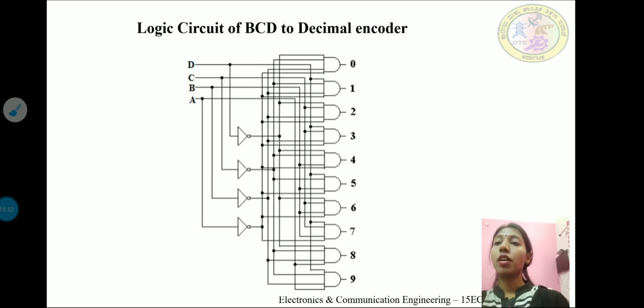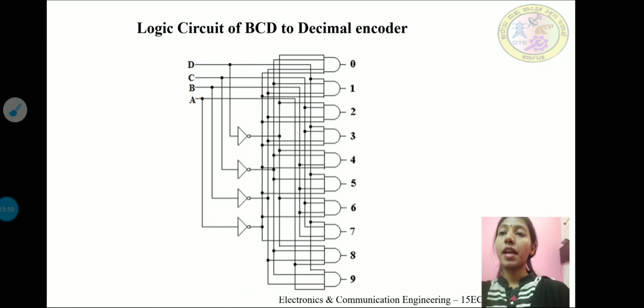So there are 4 bits corresponding to the BCD code A, B, C, D, and 4 NOT gates in order to obtain the complements A bar, B bar, C bar, D bar, and 10 AND gates. The inputs of each AND gate are connected to the variables as given by the logic expressions.